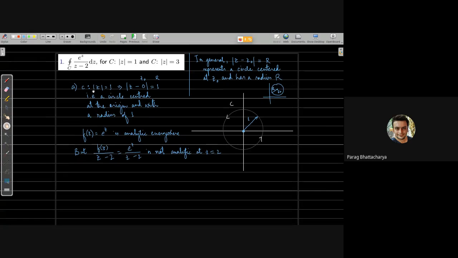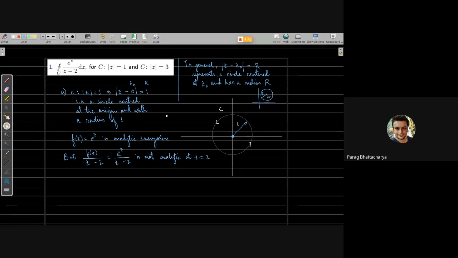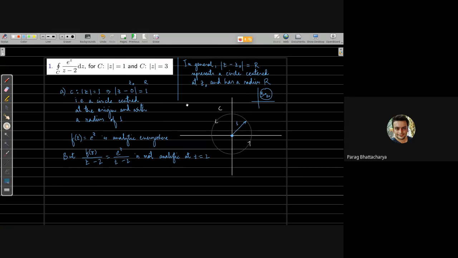So how do we evaluate this? We can just use the Cauchy integral formula, or the Cauchy integral theorem, and have a look. Now where is this point z equals 2? If this is the origin, because this radius is 1, this point must be 1 and this point must be 2.